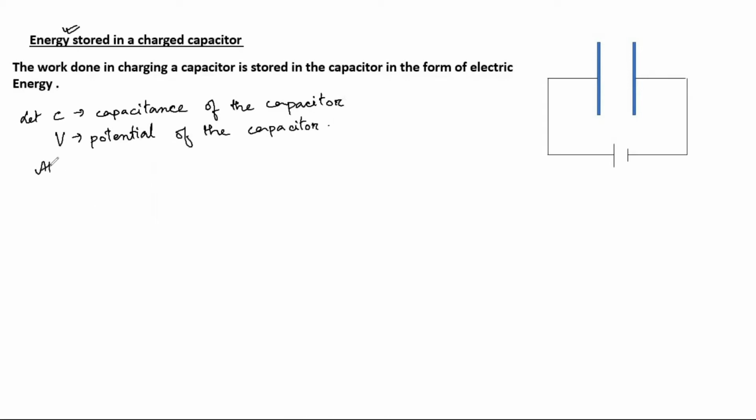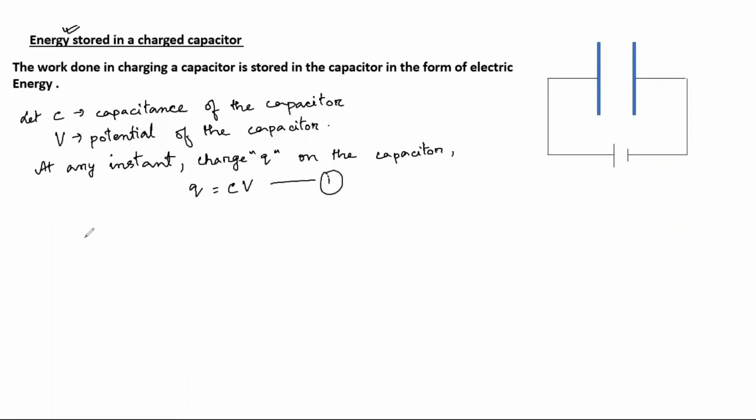At any instant, the charge Q on the capacitor is nothing but Q = CV, right? This is the charge acquired by this capacitor having potential V and capacitance C. Call this equation 1.